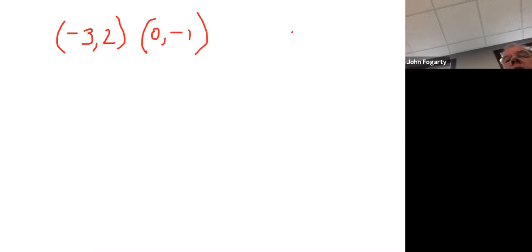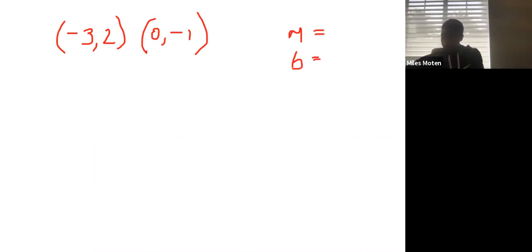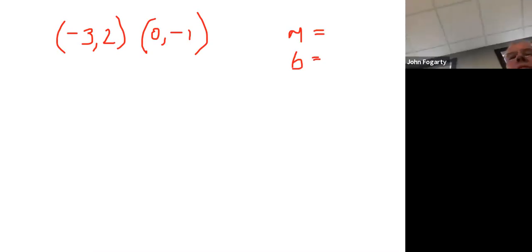All righty. Now, the next two problems, they don't give you the slope. They just tell you 2 points that the line passes through. So what must you do? Well, you still need the slope and the y-intercept, all right? Now you just use your slope formula.